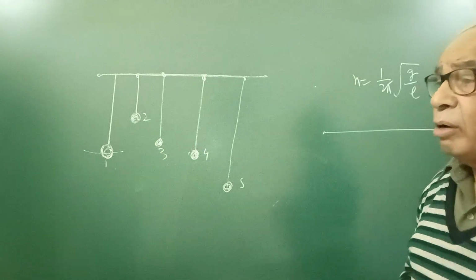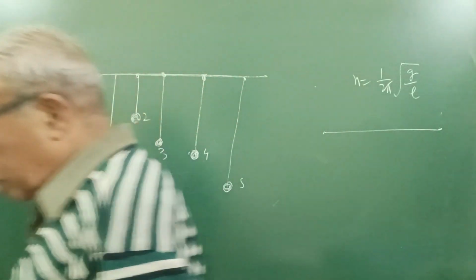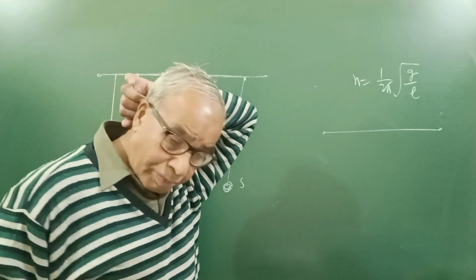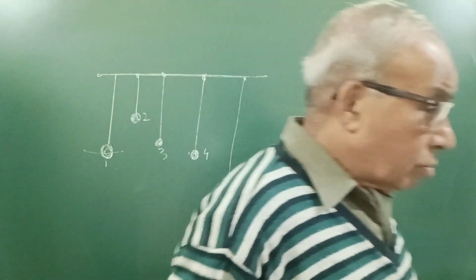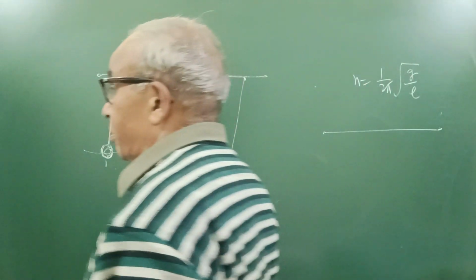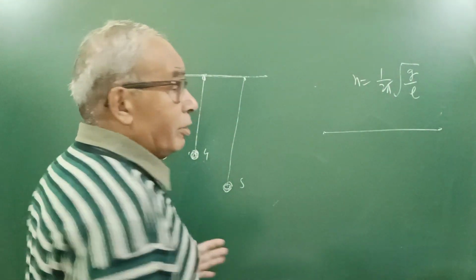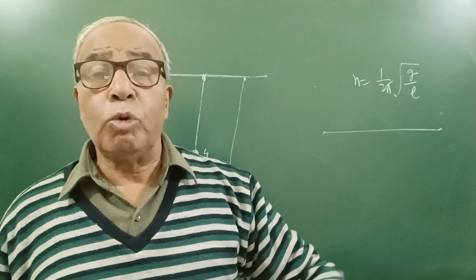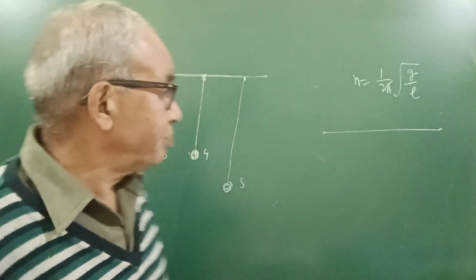So like our buildings, they have different heights. When an earthquake occurs, seismic waves make the buildings oscillate, but they do not cause equal damage to all buildings. Why?